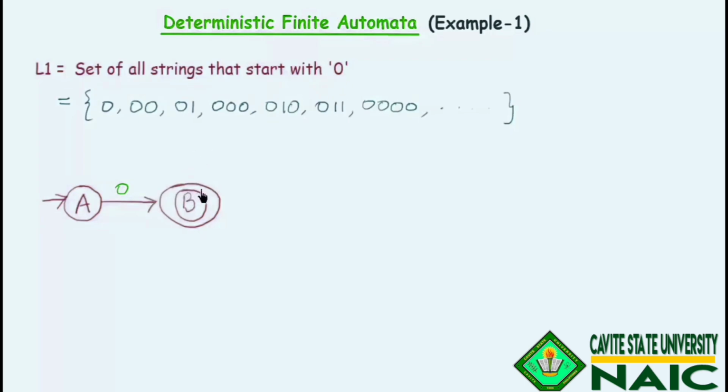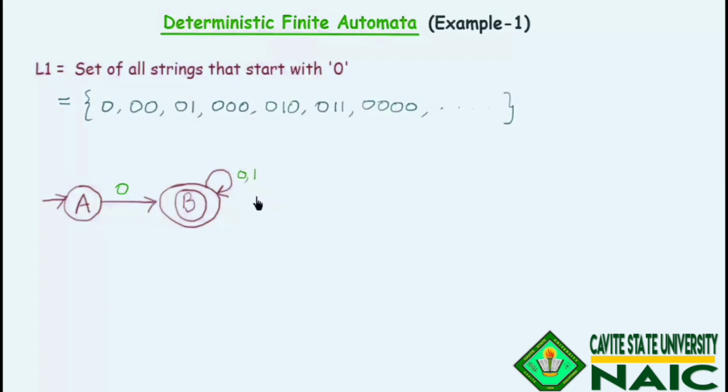Now I'm in state B. After reaching state B, I can either get input 0 or 1. So what will happen if I get 0 or 1? Since this is the final state, I'll give a self loop here and write 0 or 1.